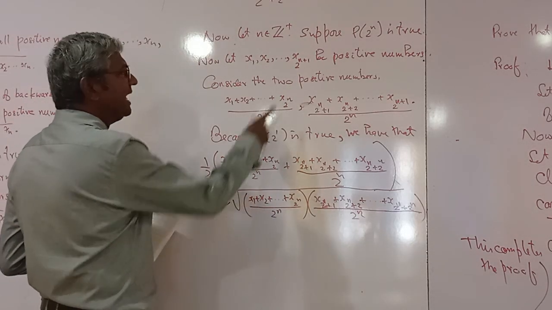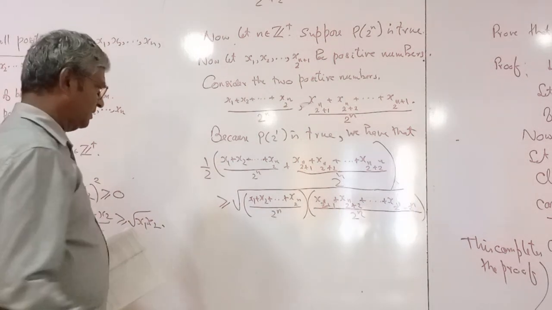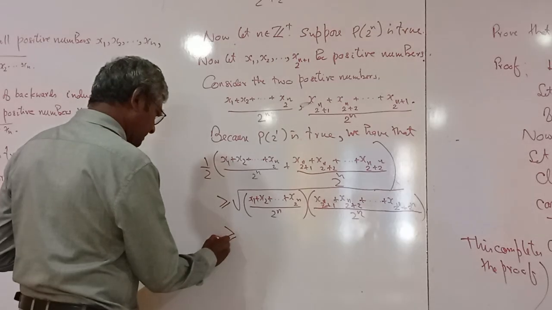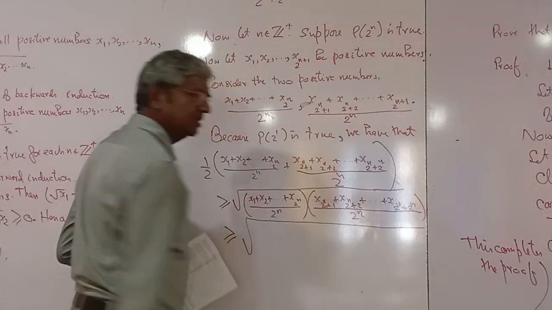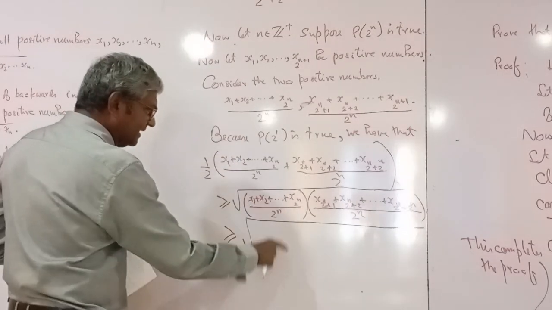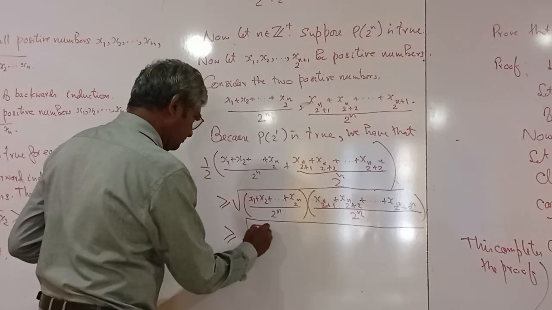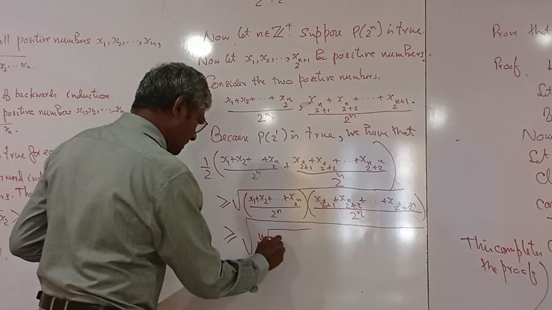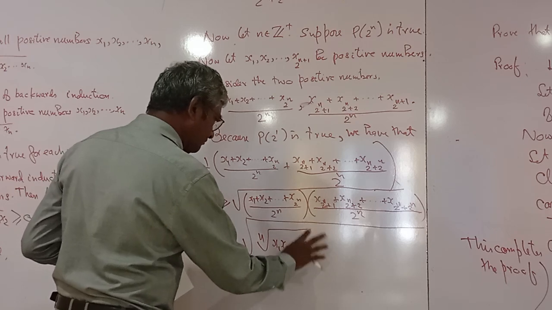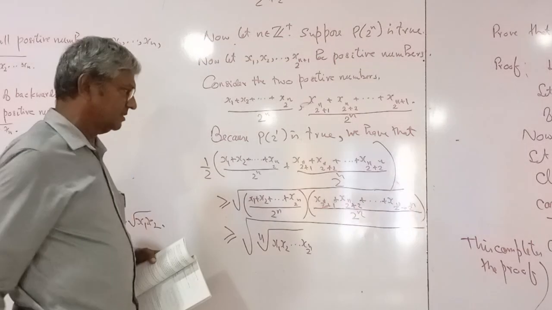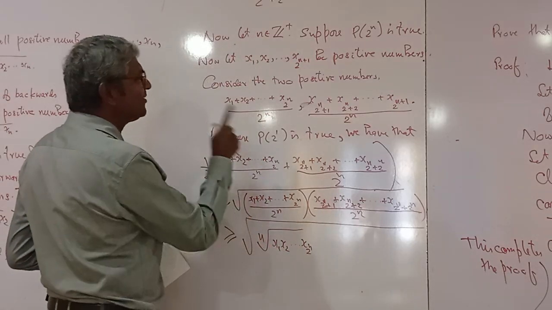However, we have assumed P of 2 to the n is true, therefore I can write it this way. This thing is greater than or equal to the 2 to the n-th root of x1, x2, and so on up to x of 2 to the n. Other part also, not n, 2 to the n.